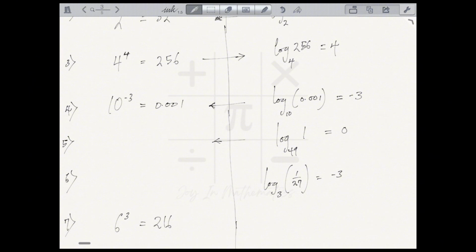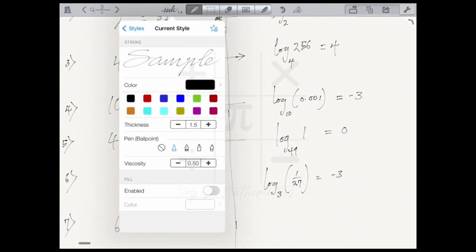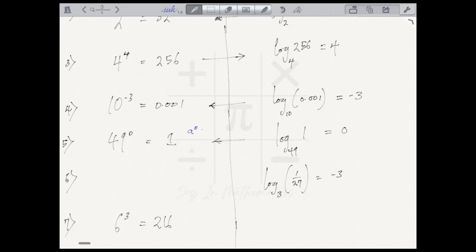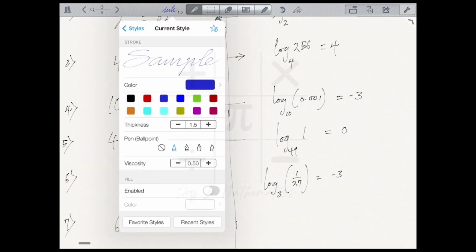So therefore we are saying that 49 raised to the power of 0 is equal to 1, and this applies to the law of indices that says that a raised to the power of 0 is equal to 1. Anything raised to the power of 0 is equal to 1. This is the zero index in indices.